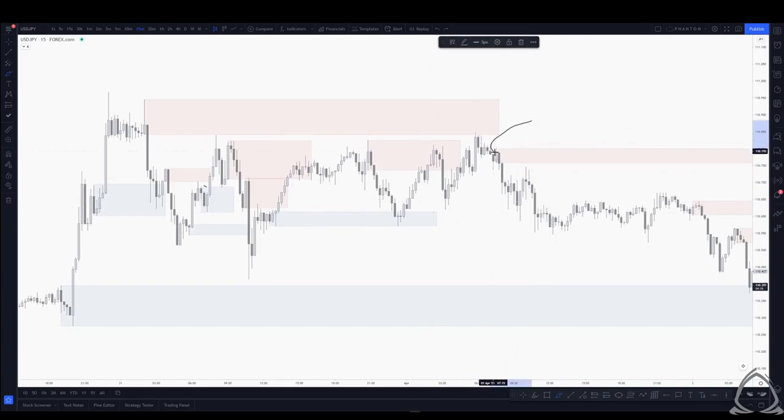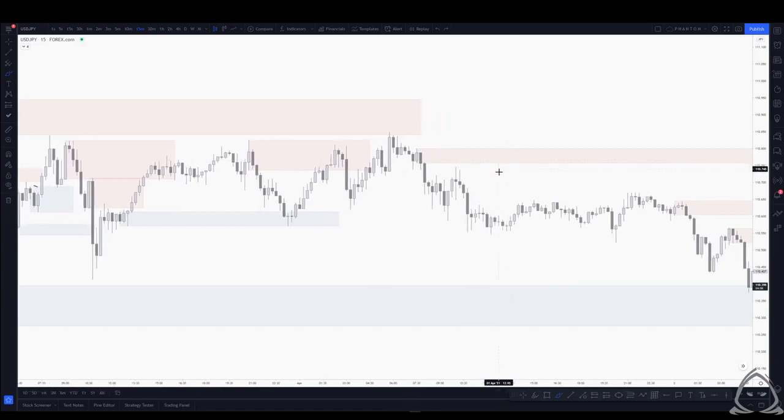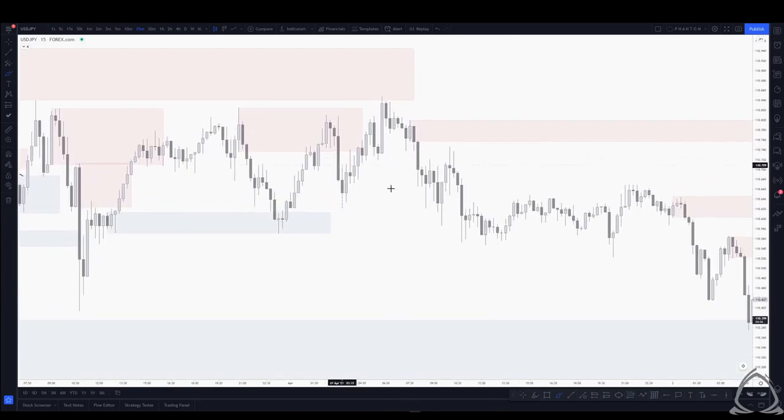But what we can see is we've been able to more or less refine it to this move, because as we see, we get this move to the downside, we get a pivot, and then we break structure. And if we're just looking at supply and demand, and again, we'll go into this a little bit further, but the interaction between supply and demand, what we can see is when we create this large move to the upside that taps into this supply, we do in fact create a demand zone, or more specifically a larger demand zone.